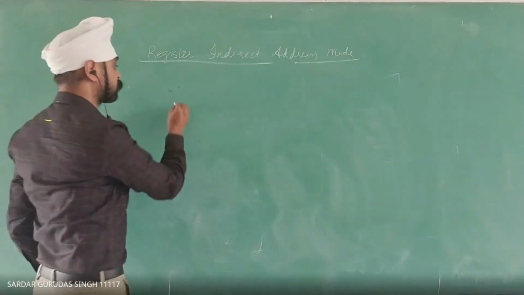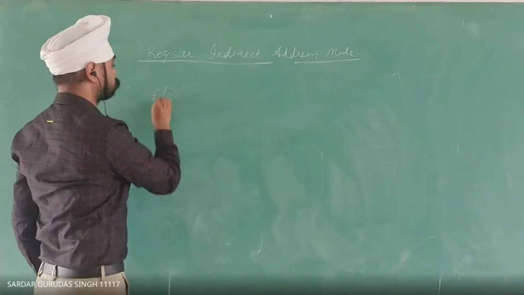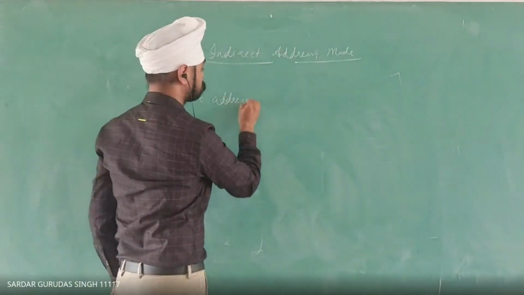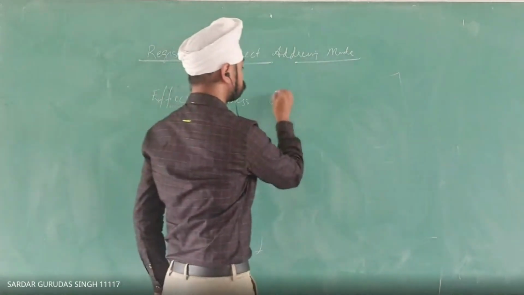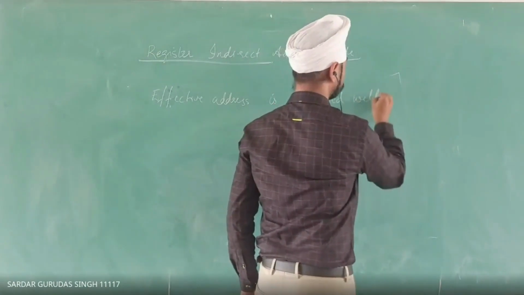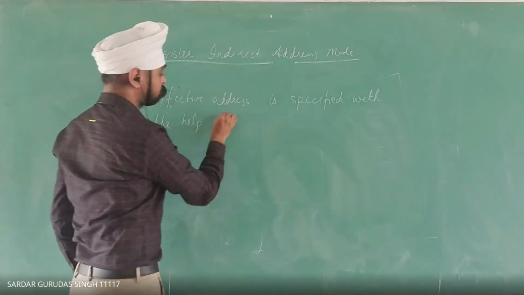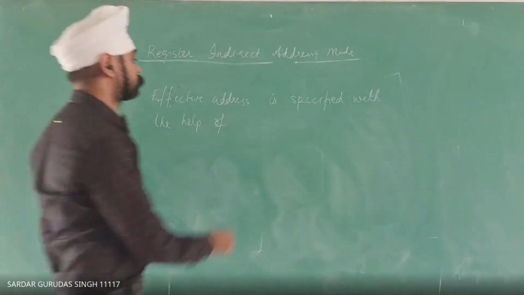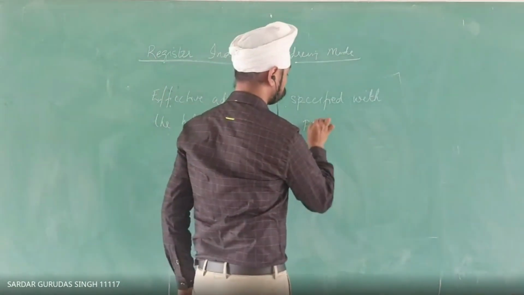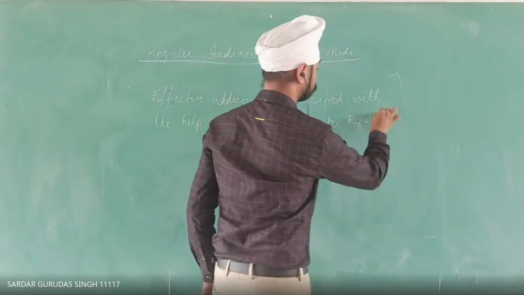In the sense, first of all, let me define: effective address is specified with the help of index or pointer register.